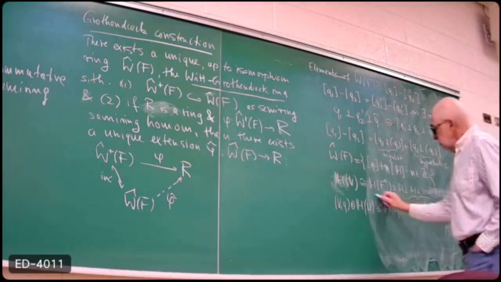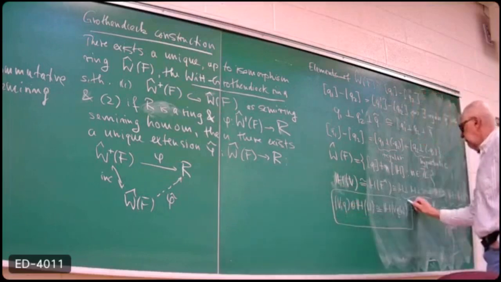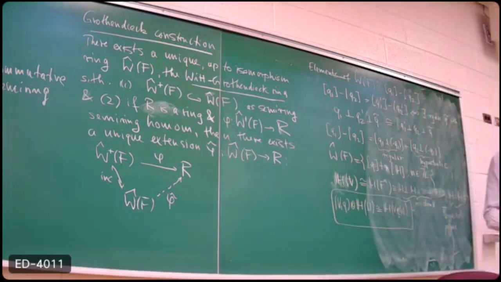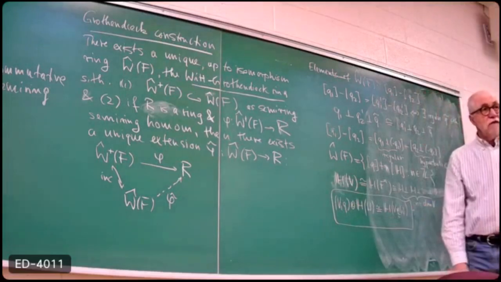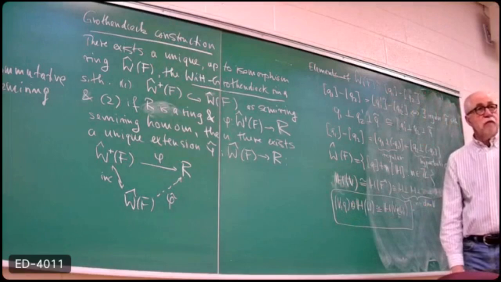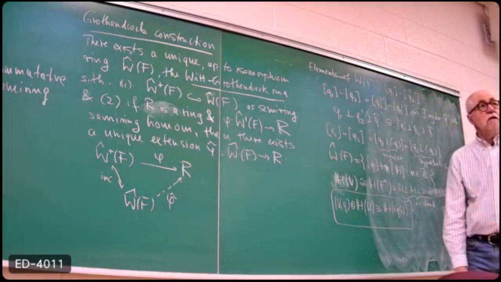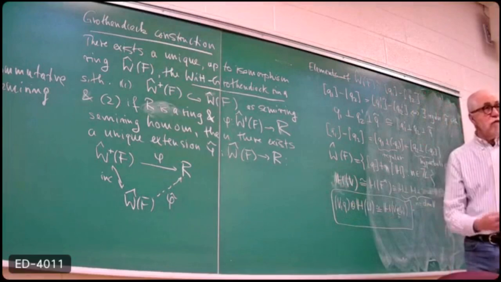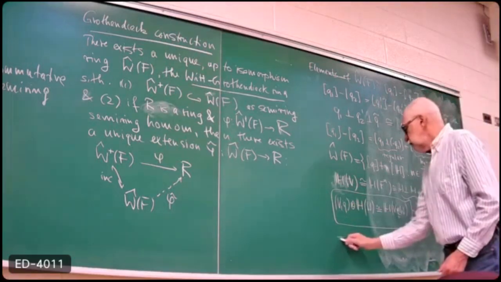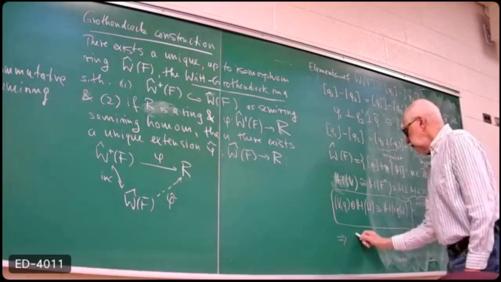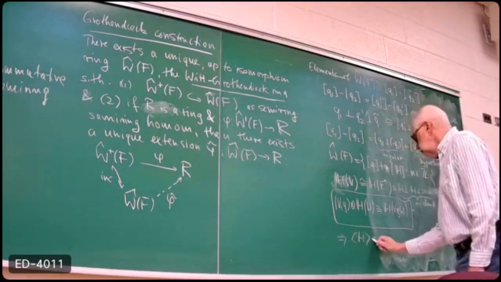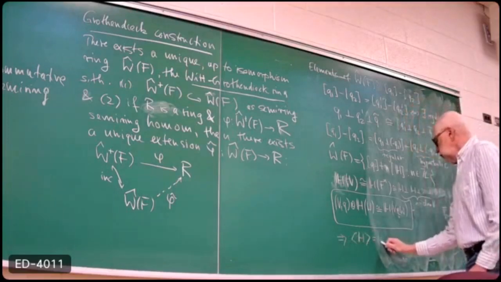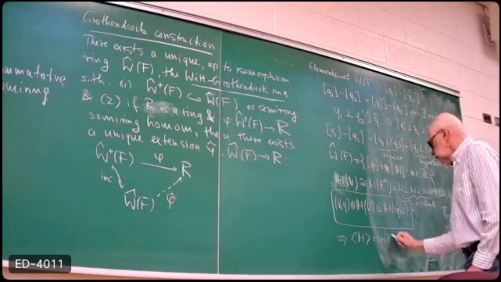So what this formula says is that if in the Witt-Grothendieck ring you multiply any quadratic form by a hyperbolic form, you stay within the set of hyperbolic forms. So this says that if I look at the ideal generated by H, it's just n times H.